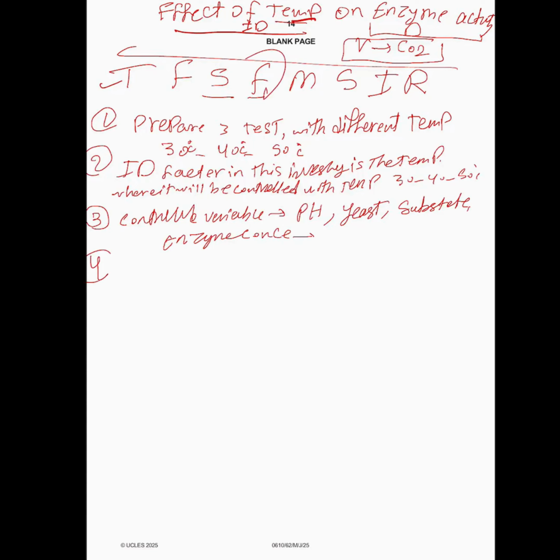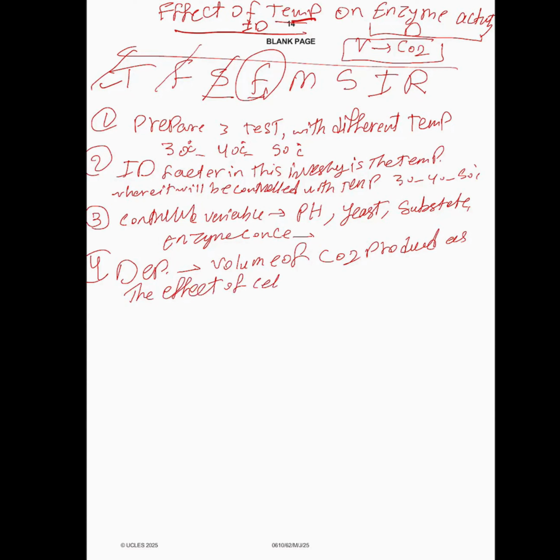Number 4, we finish this and this and this. The dependent variable in this investigation is the volume of carbon dioxide produced as the effect of cell respiration of yeast.